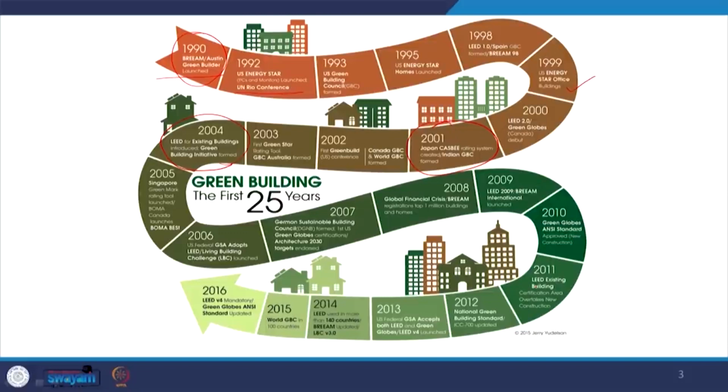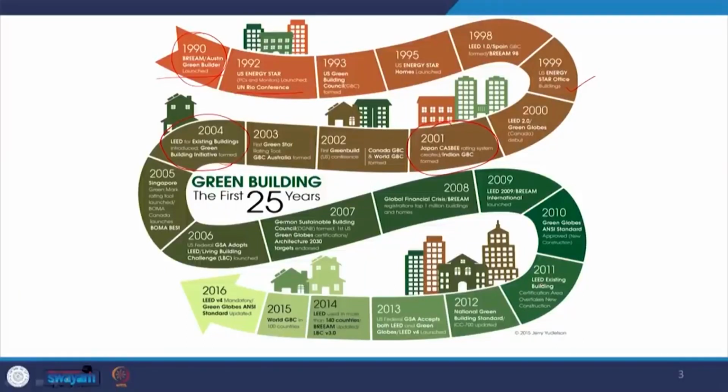This was happening predominantly in the United States after the global financial crisis. Much more than the new construction, the existing buildings were being retrofitted and renovated. So, the potential buildings, instead of new buildings, were the existing buildings, and that crossed the new construction mark. So, this was again a shift, establishment of a shift.